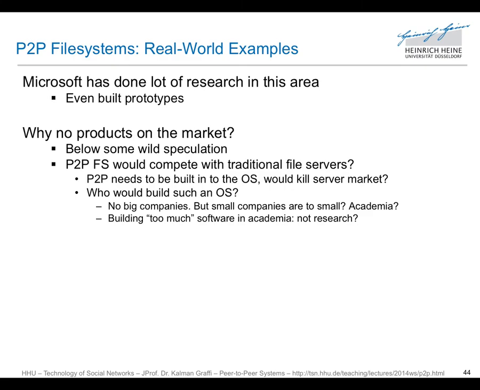One of them is that it competes with traditional file servers and the centralized solutions, and that's not supported by industry. But another view is that all these peer-to-peer technologies are not taking place at the client devices, but more in the data centers.